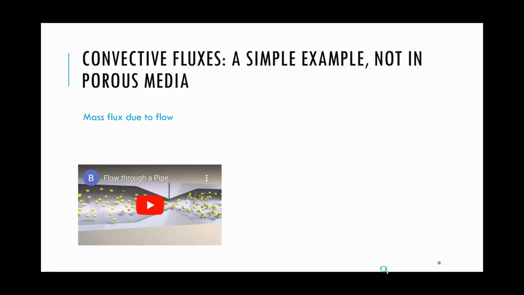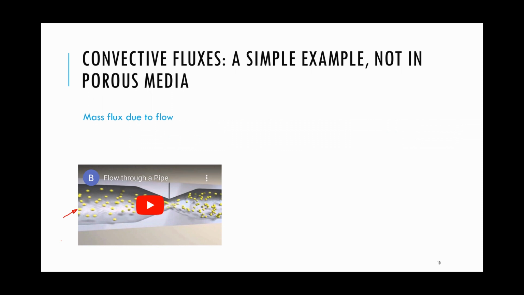So of the two types of fluxes that we had mentioned, diffusive type and convective, we just finished diffusive, and now we're going to talk about the convective flux. To do that, we're not going to start with porous media, but a simple system where we have these yellow particles moving in a clear fluid, and we're going to try to define the flux.